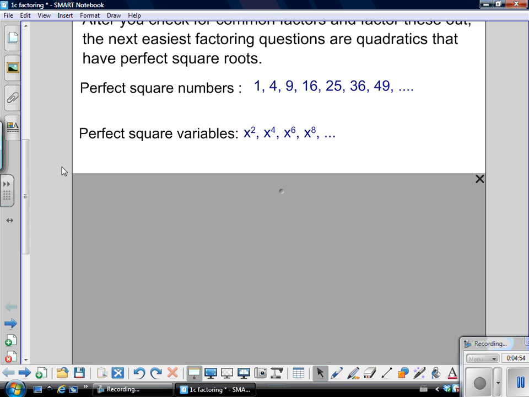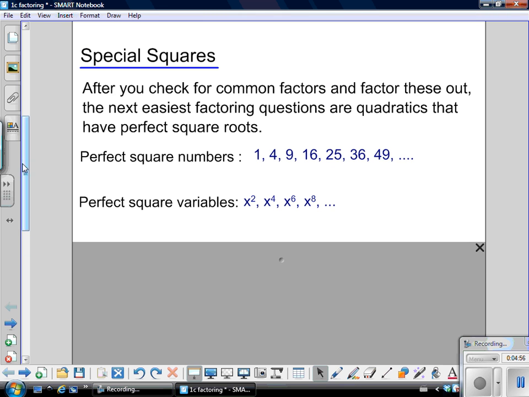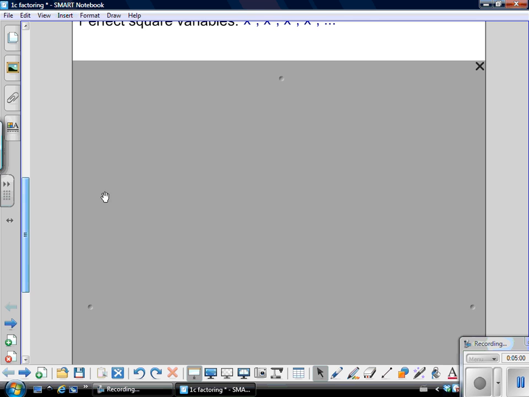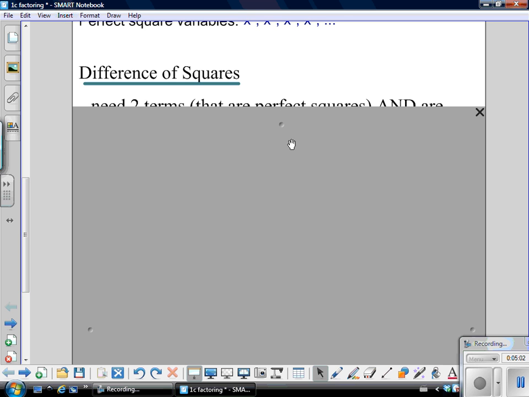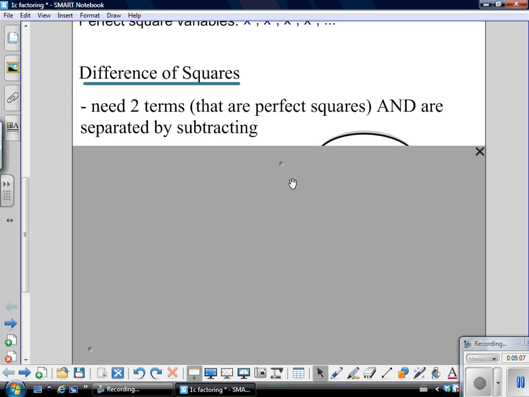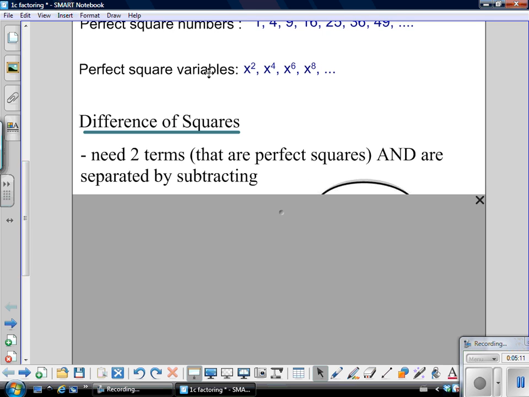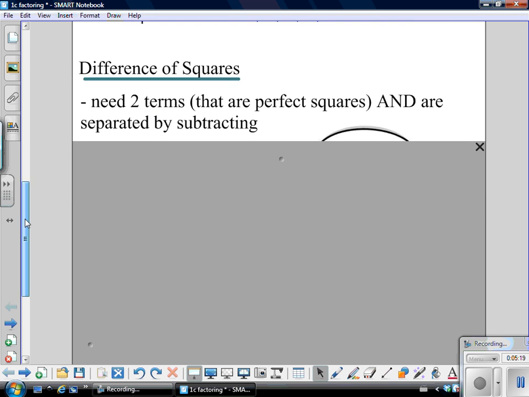When we're looking at these special squares, there are special ones within them. The first one I look at is the easiest one, and that's the difference of squares. For a difference of squares, I need two terms that are perfect squares, either perfect square variables or perfect square numbers, and they are separated by subtracting. So I need those things.